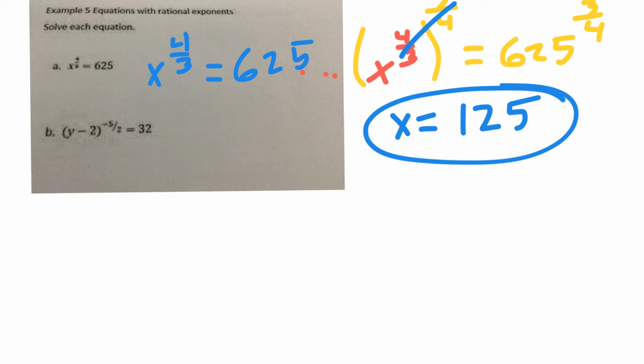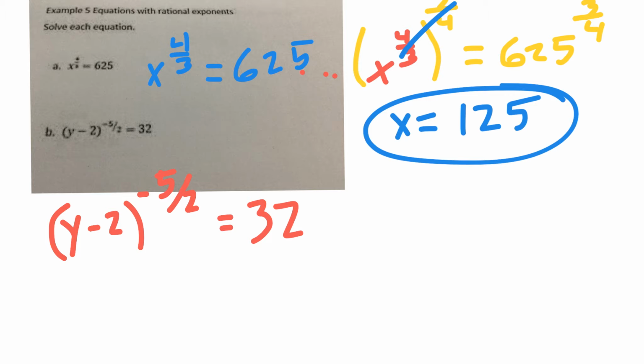Okay, the next one's very similar, but it has a couple more steps. So same idea, y minus 2 to the negative 5/2 power. I want to raise this to the reciprocal power, negative 2/5. If I raise one side to the negative 2/5 power, I must raise the other side to the negative 2/5 power.